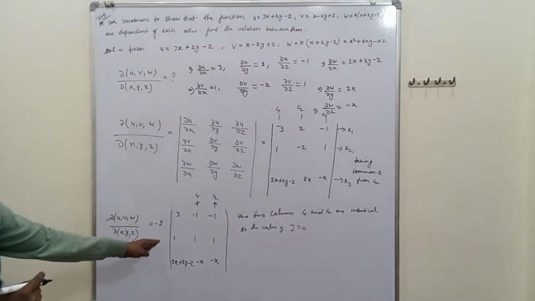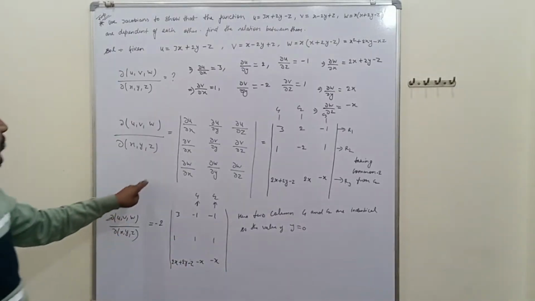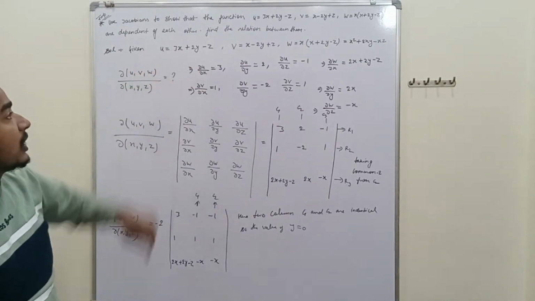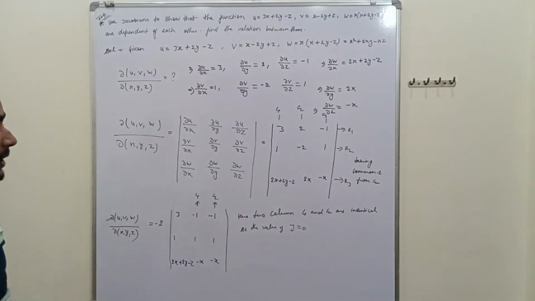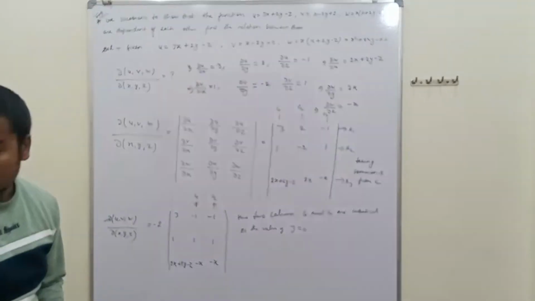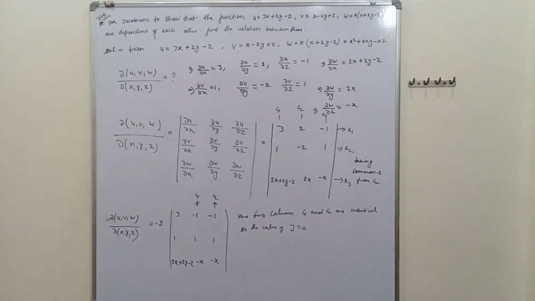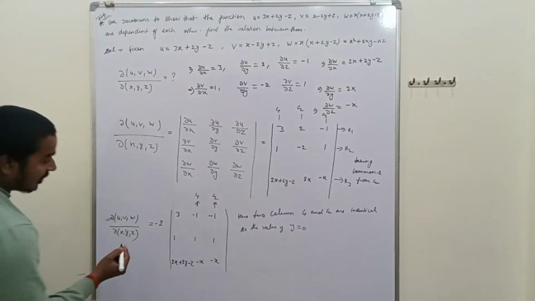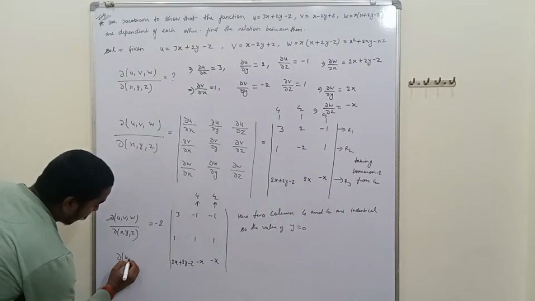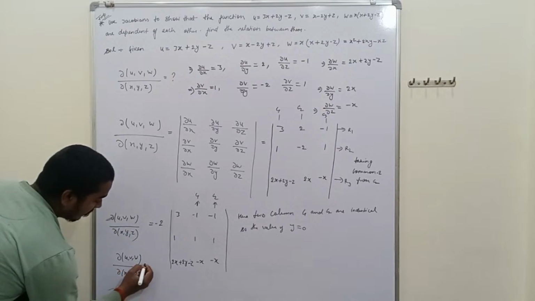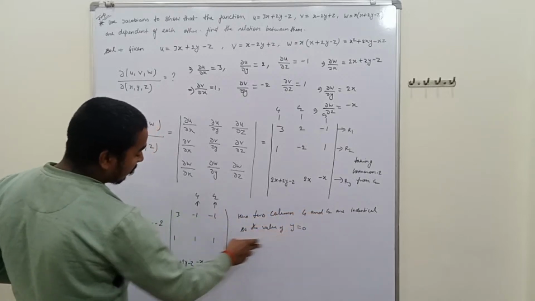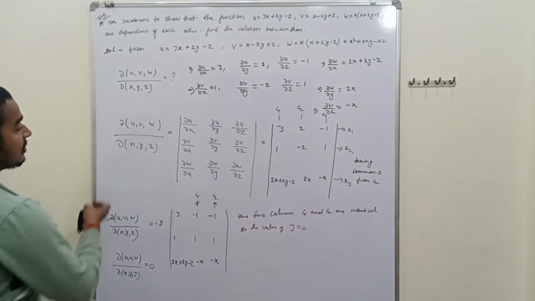From here we set that u, v, w are dependent on each other. Further we have to find the relation between them, because del of u comma v comma w upon del of x comma y comma z is equal to 0, since two columns are identical.